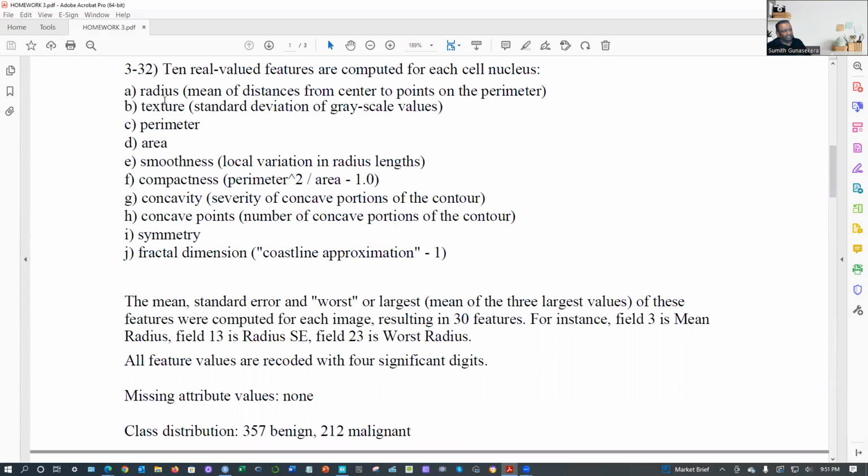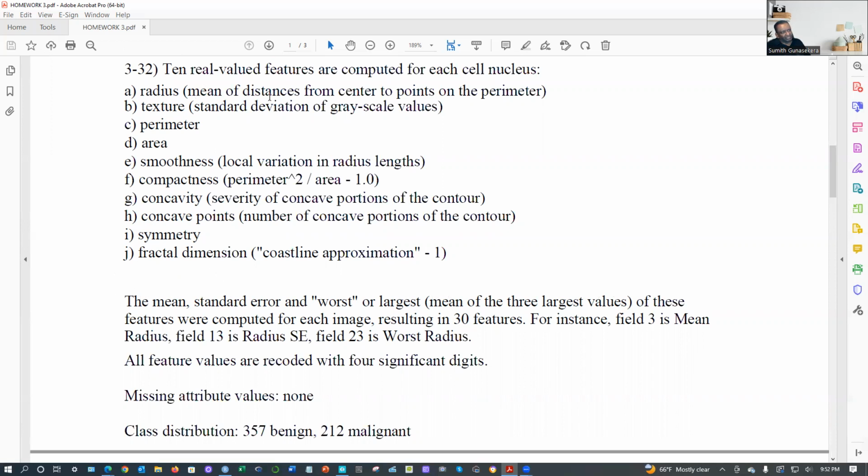Because we have 10 variables, for each variable we have the mean radius, mean texture, the standard error of the radius, and the worst or largest, the mean of the three largest values. So every feature has three measurements.